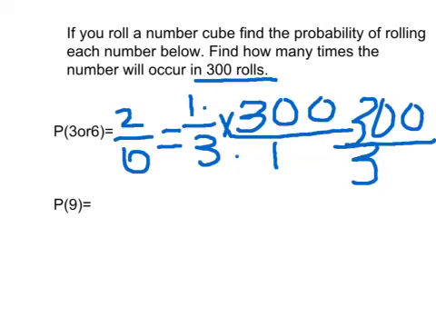Then you would have to simplify: 3 goes into 3 once, and 3 goes into 300 100 times. So if it's 100 over 1, it's the same as 100. So your answer would just be 100.